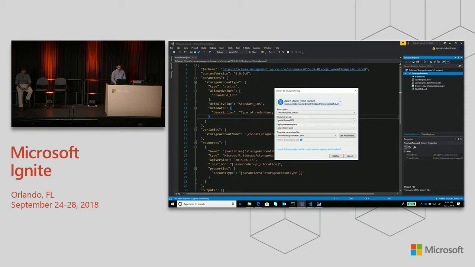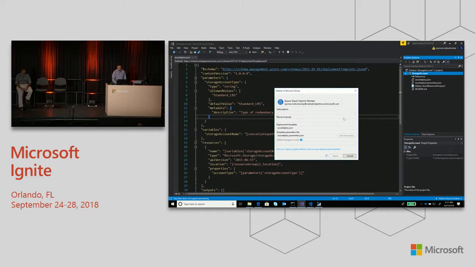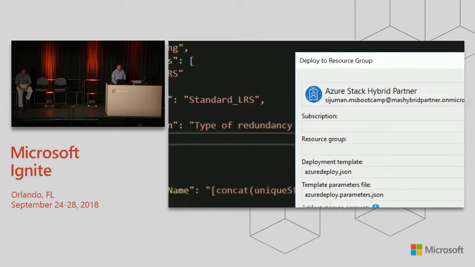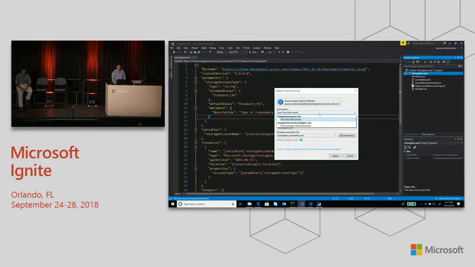As you can see, when I go to subscription, there are two ARM endpoints that you can use. One of them is for Azure, and the other one is for my Azure Stack portal.